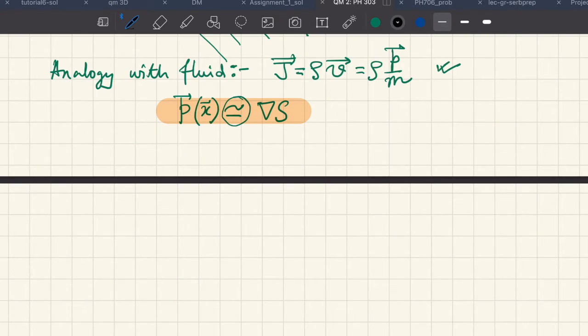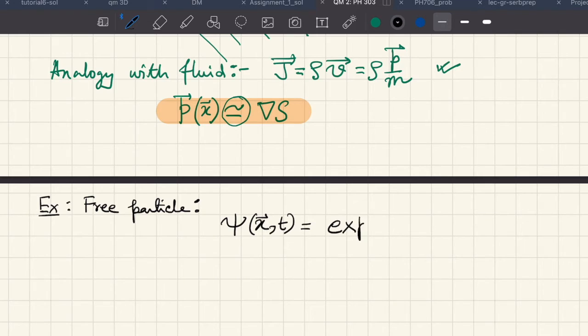So let us consider one example, the free particle. We know what psi of x,t is. Psi of x,t is nothing but exponential of i p dot x by h bar minus i E t by h bar.